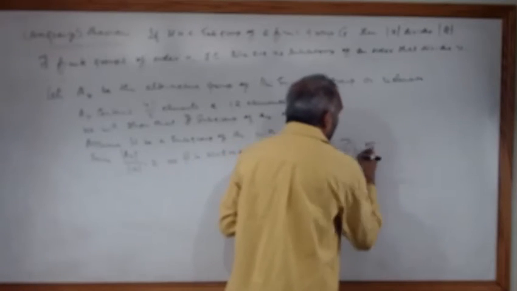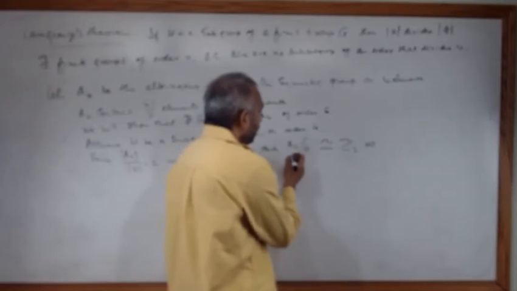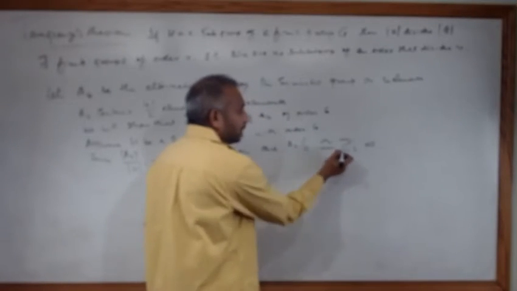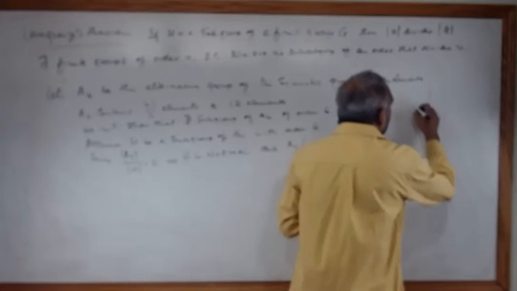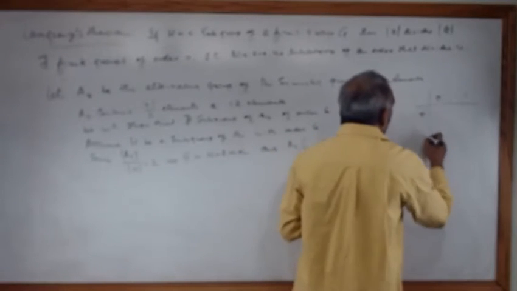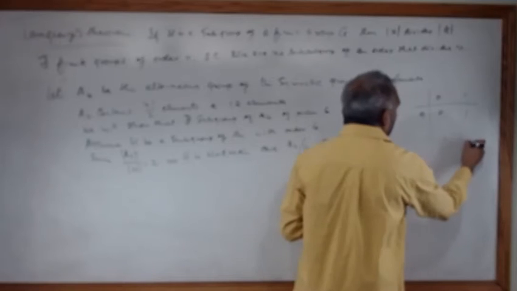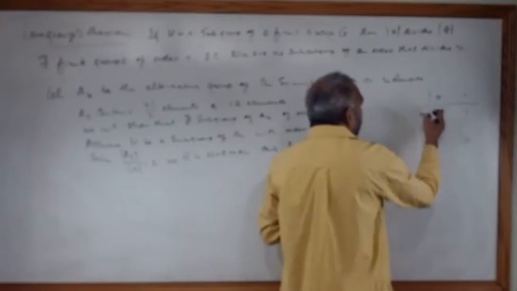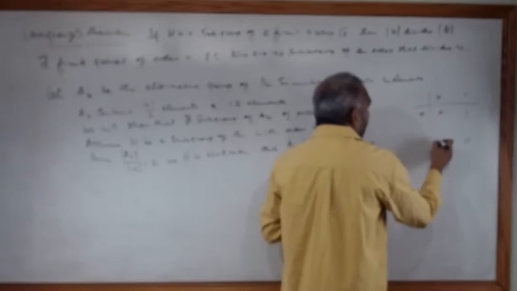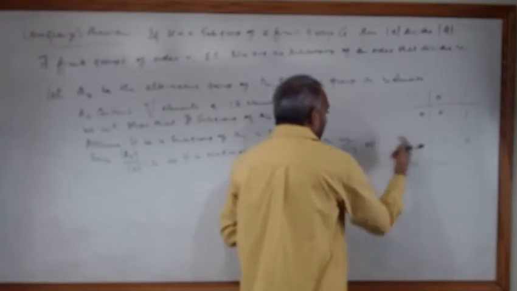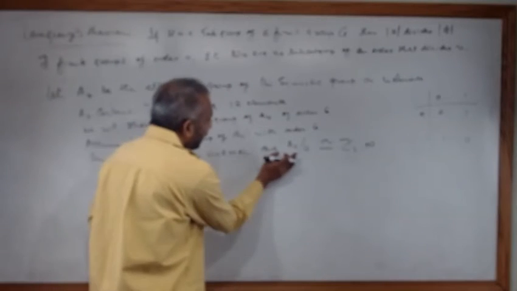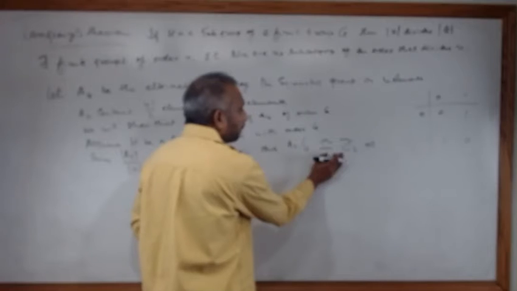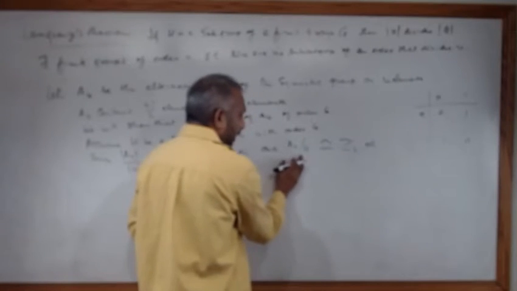And this implies that the square of any element here is always the identity. Z2 is like this: 0, 1. The square of any element, there are 2 elements here, square of this is 0, square of this is 0, the identity. So the square of any element here is the identity.